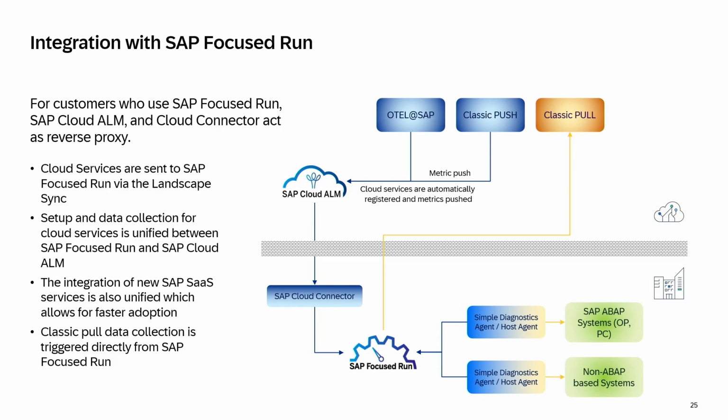It's what you do for cloud services, very important. Anything on-premise, private cloud, like all your RISE systems, etc., is still managed via the on-premise connectivity of SAP Focused Run, via the host agent.